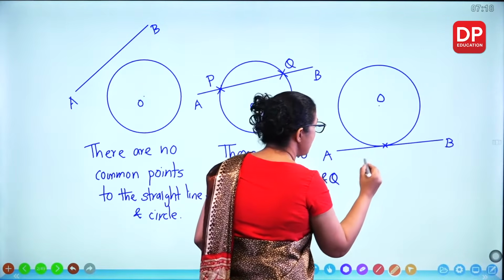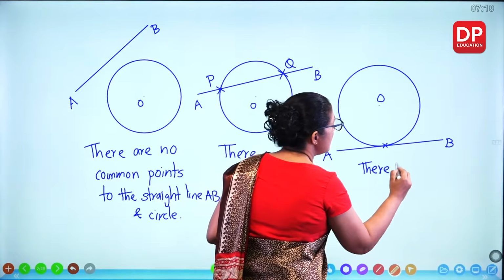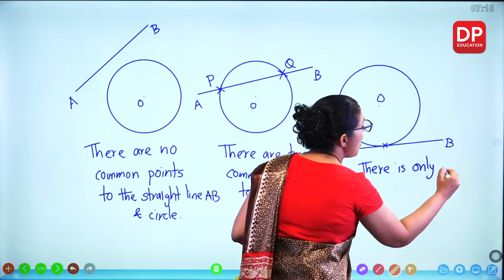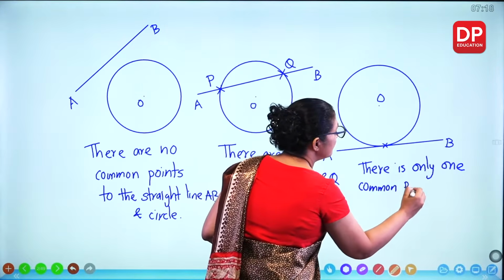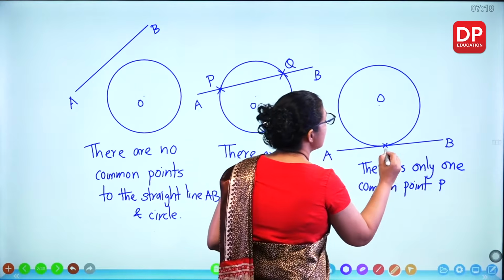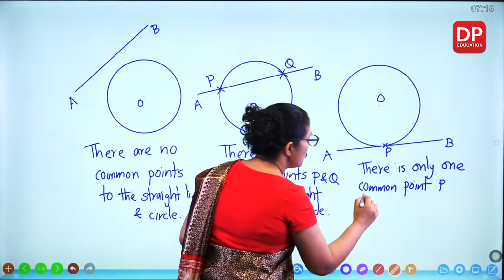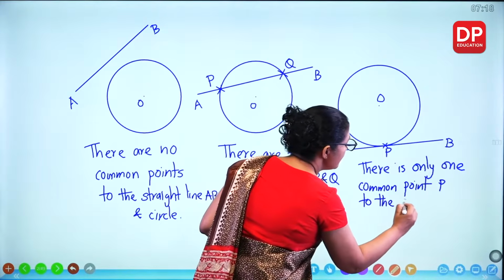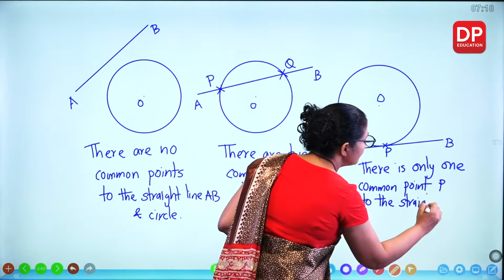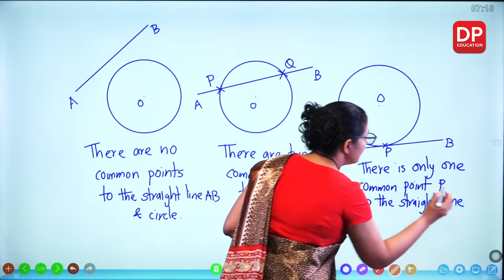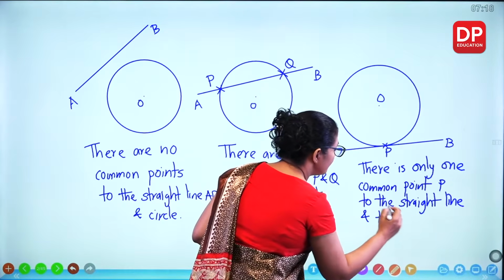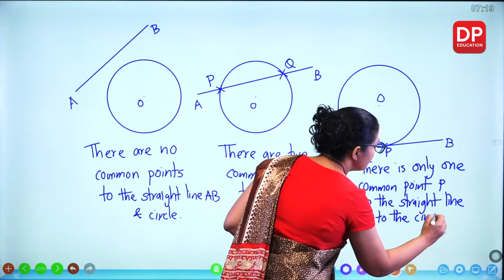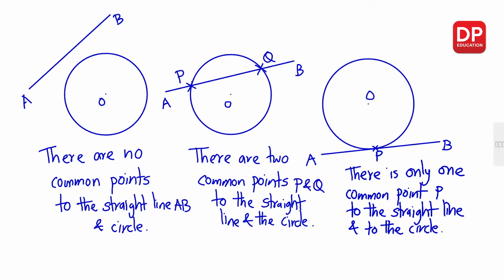So this line has only one common point, P, I'll label this as P, to the circle and to the straight line. So we call this one the tangent line.